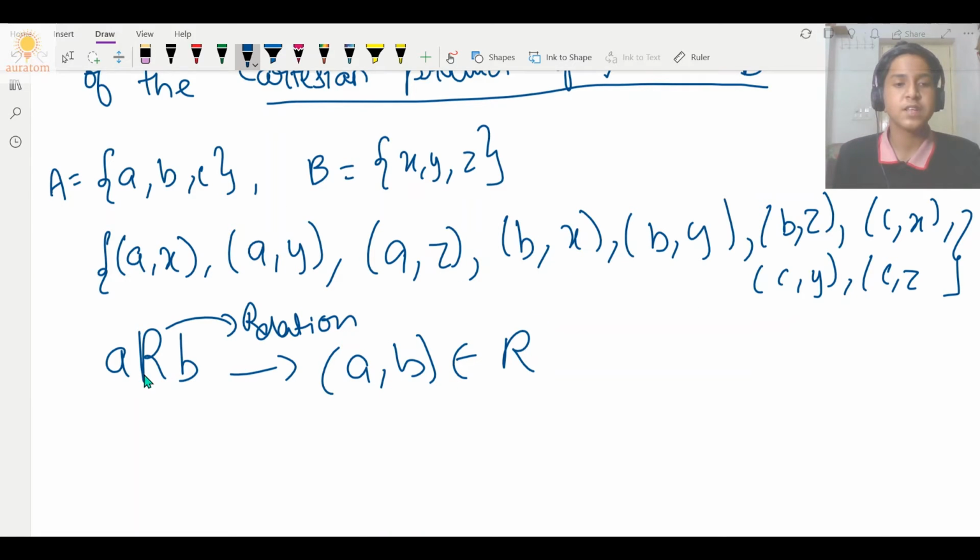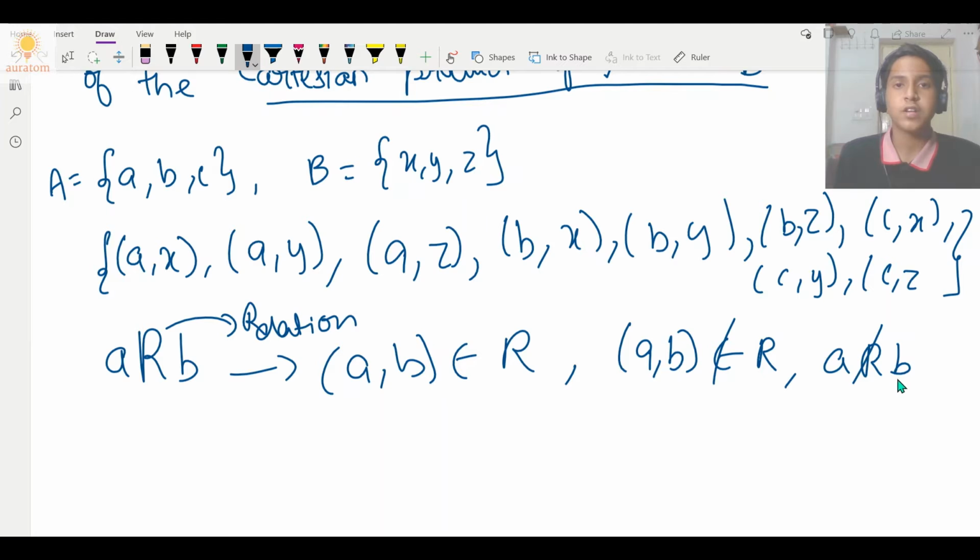So when we say A R B, we mean that the ordered pair A, B is an element of the relation, right? The relation from A to B. And if the ordered pair A, B does not belong to the relation, then we denote it like this.